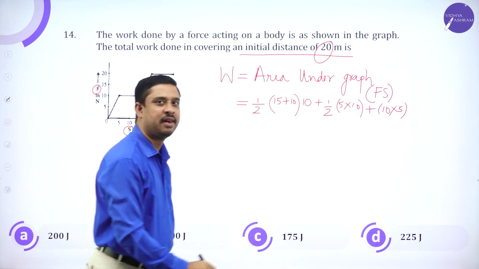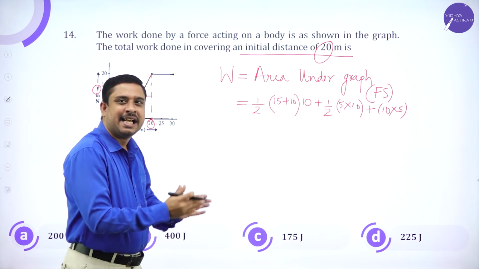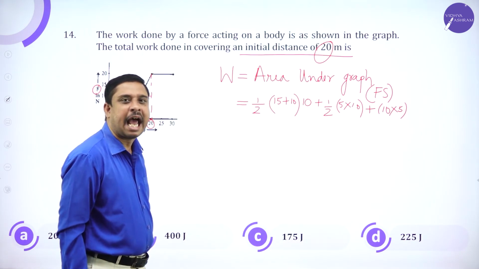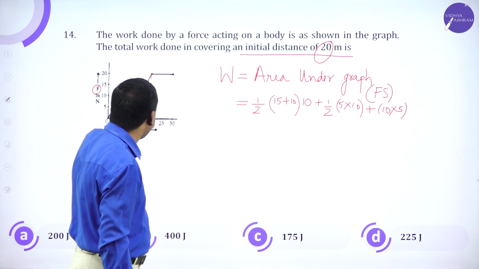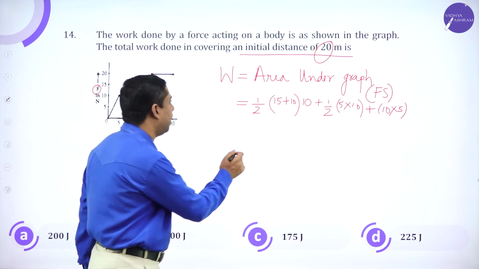Very simple. I have just divided the graph into 3 segments: trapezium, triangle, and rectangle.